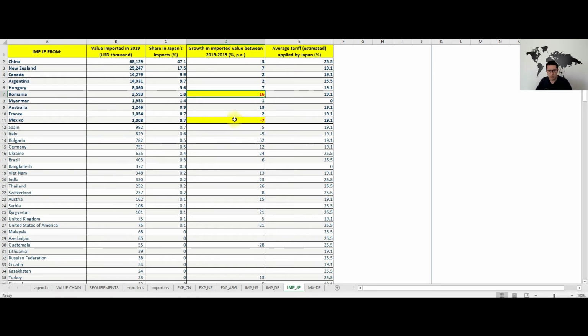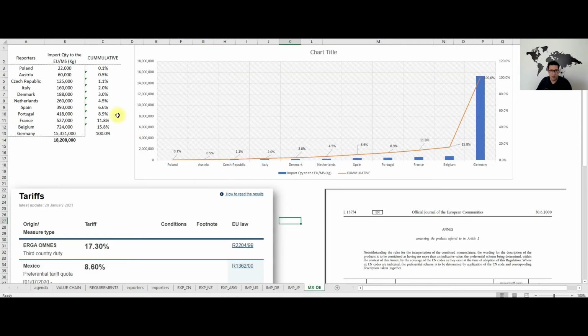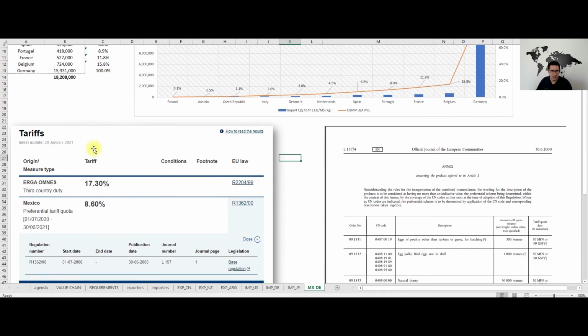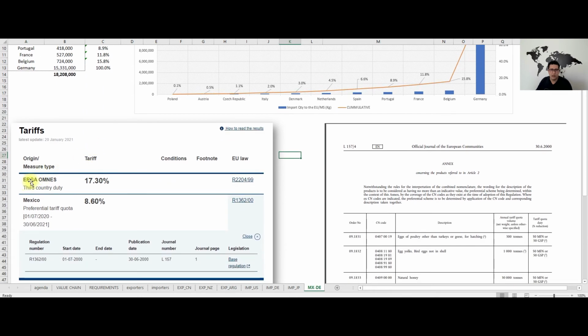Now I would like to talk a little bit about the tariffs, and I will focus on a specific example, where I took Mexico as the exporting country and Germany as the importing country. Here we see that the erga omnes duty, or the third country duty for importing honey into the European Union, is 17.3%.